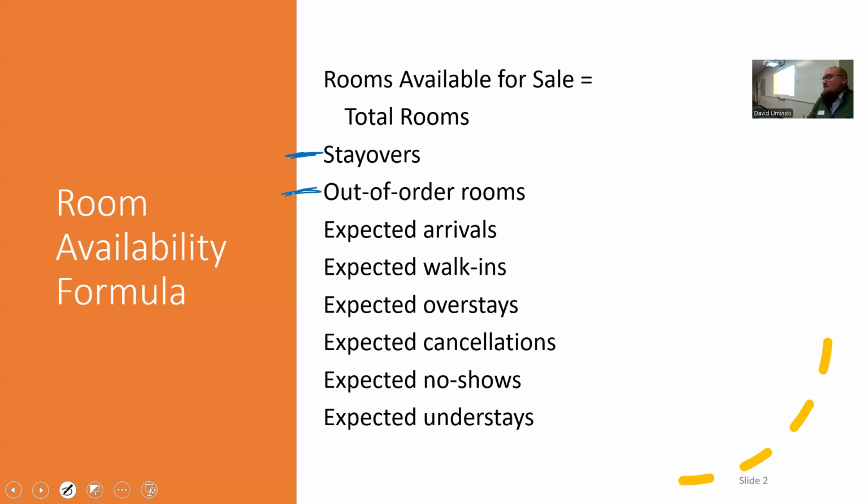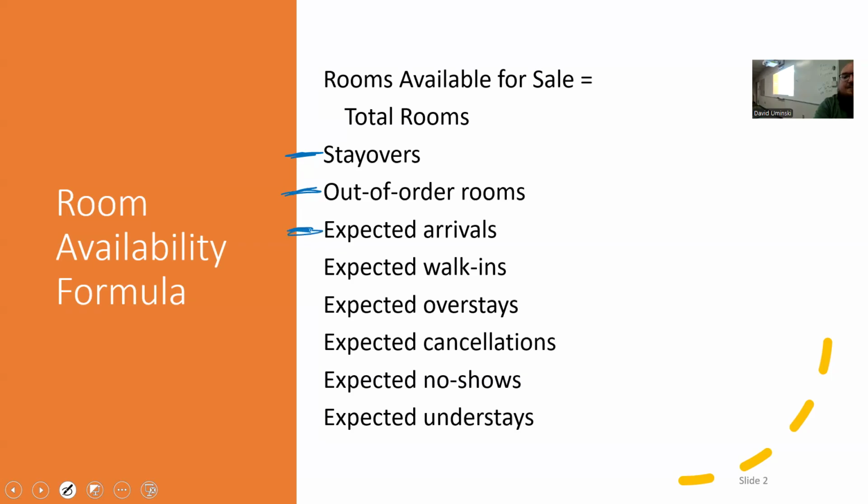Or if the toilet had a malfunction and it flooded the room and the carpet is wet, we're not going to sell that room. So depending on the situation, we may decide to sell an out of order room, but traditionally we're going to subtract.